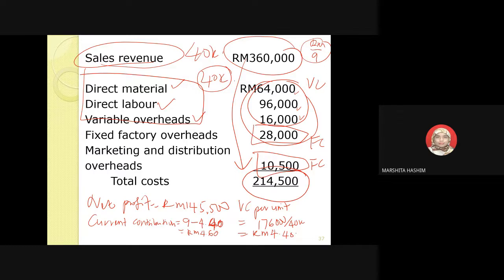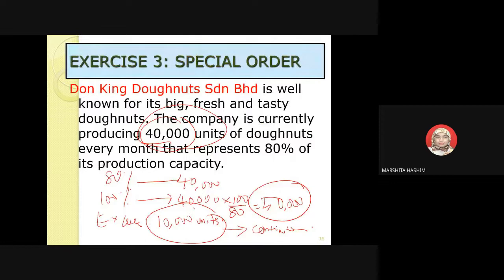Remember just now, your spare capacity is 10,000 only. You receive an order from the Singaporean company for 20,000. So that means there is a shortage of 10,000 units. If you accept the order, you must accept for 20,000. If you accept for 20,000, so the shortage is your... what is this? The volume that you sell at 9 ringgit currently.